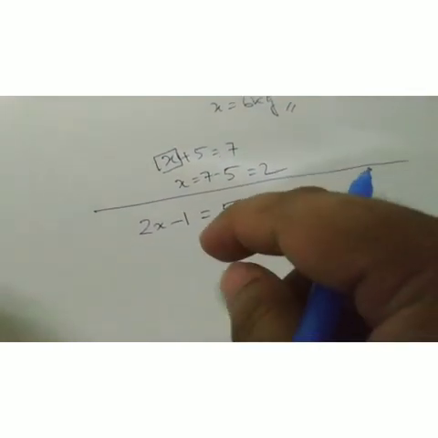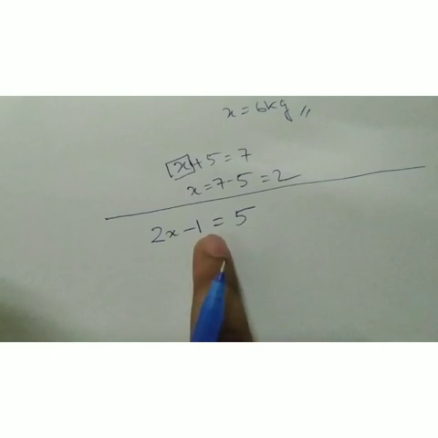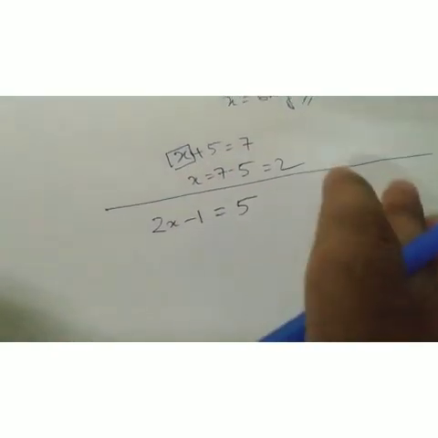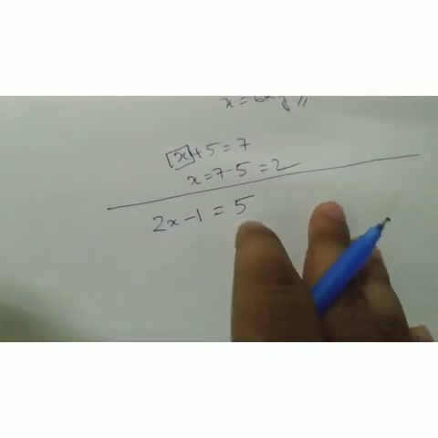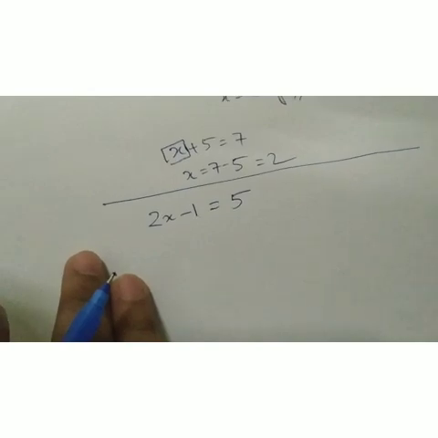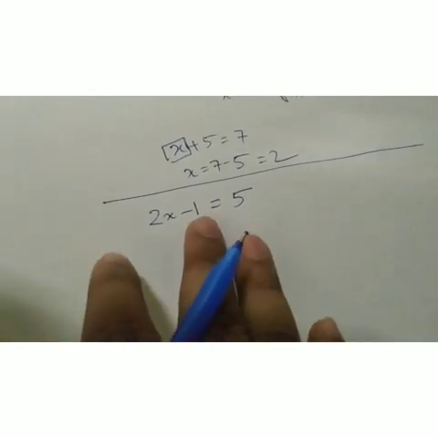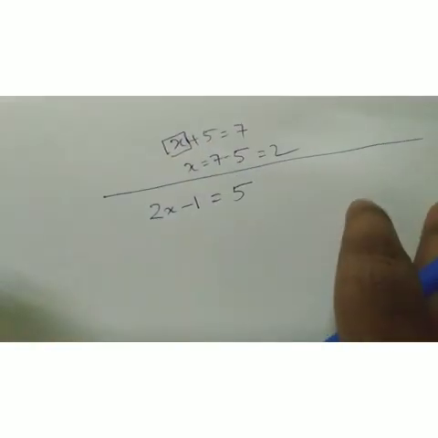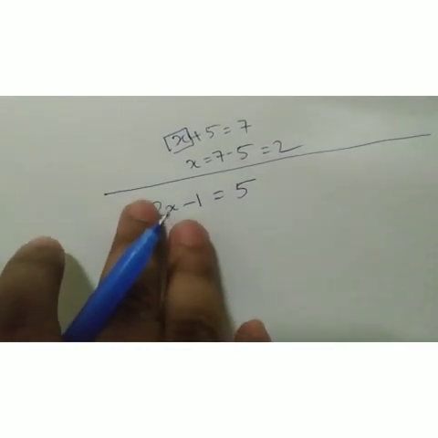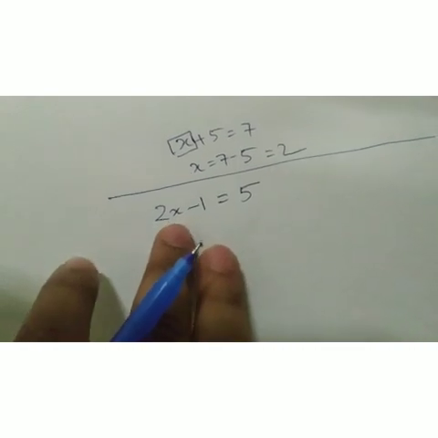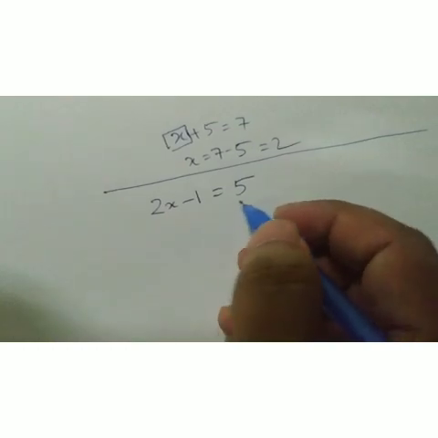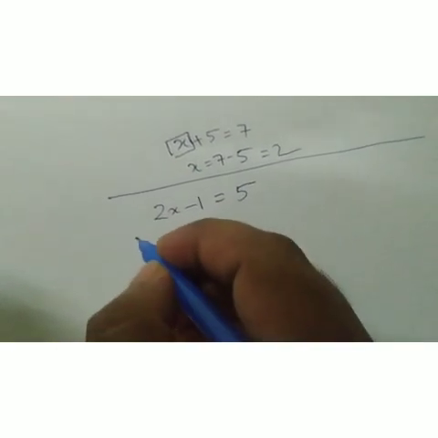Remember, whenever we solve an equation, we have to take the constants to one side, especially to the right side, and the variables we need to keep on the left side. The constants should be shifted to the right side. Whatever I have to do, I need to make this x alone, then only I can get the value of x.